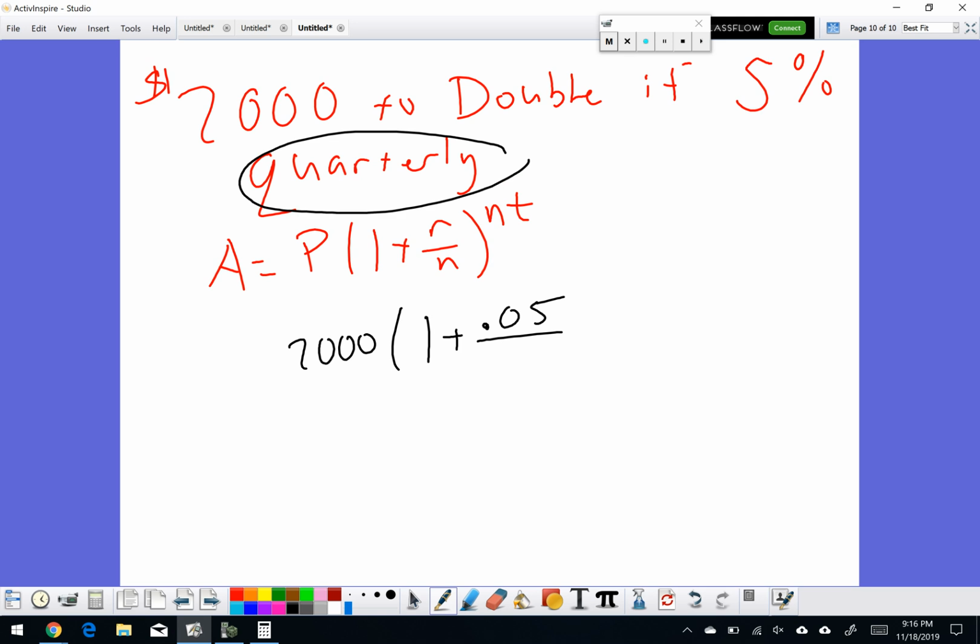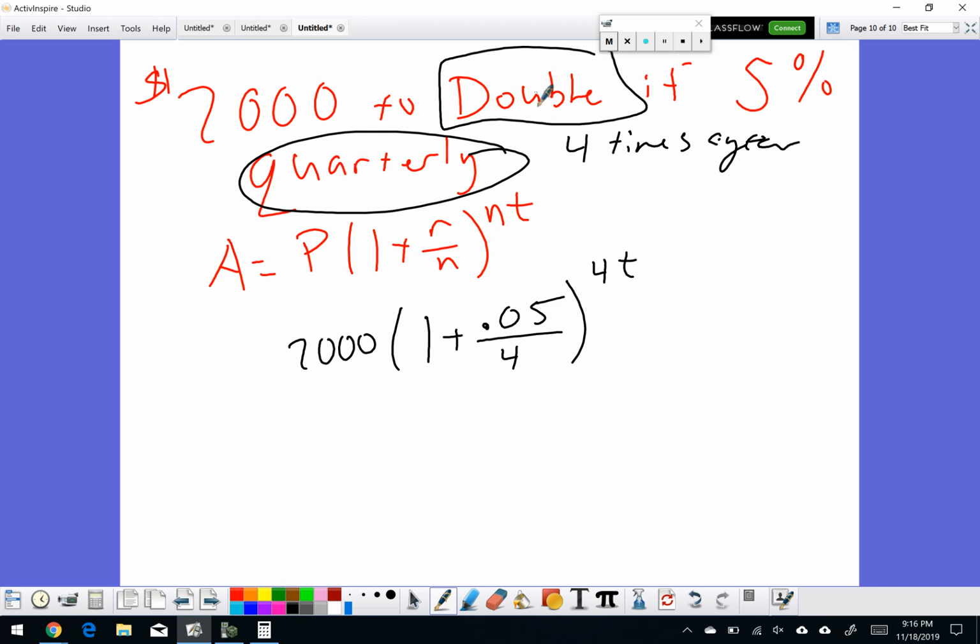And compounding quarterly means 4 times a year, so I'm going to put 4 here and 4 up here, but I don't know how long. That's the key question, so time should be left over. Now, the key word is double. If I started with $2,000, my amount will be $4,000. Once again, our goal is to solve for that t. So let's go ahead and do it.